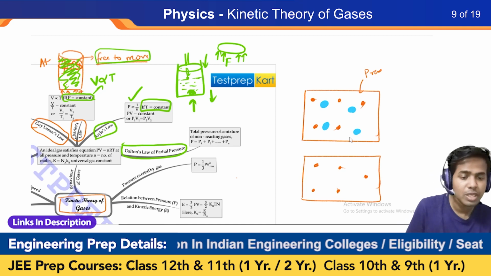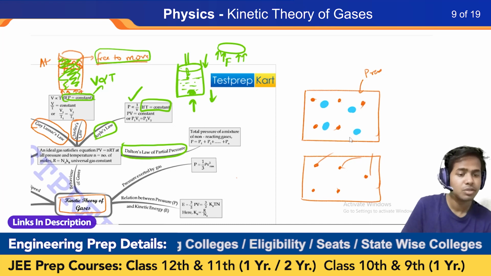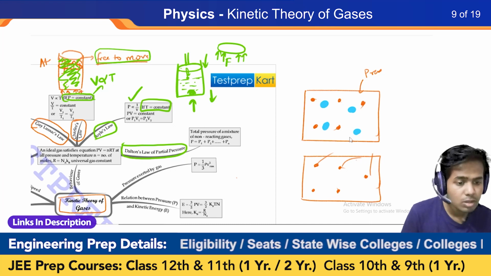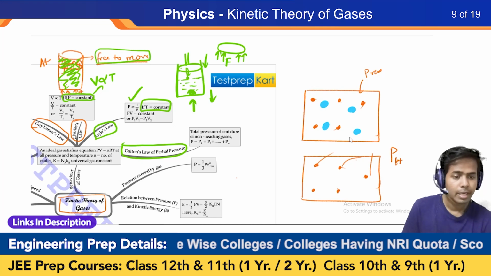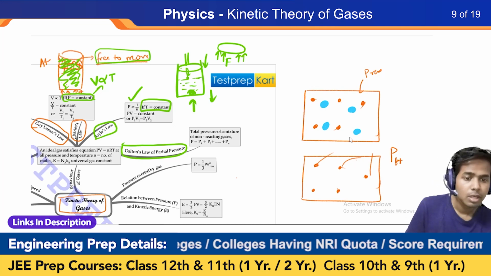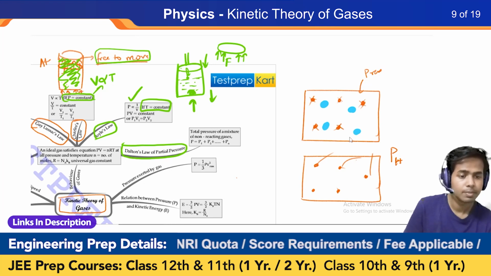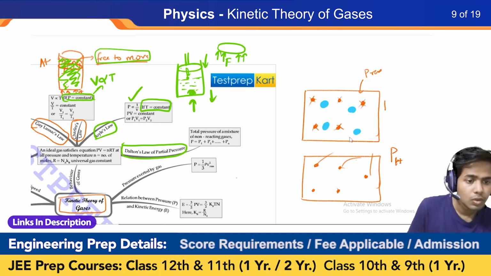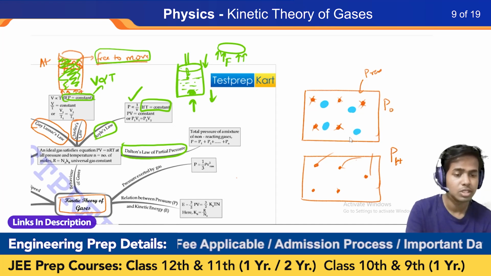Then the pressure applied by these could have been estimated using a barometer. That is what you call the pressure due to hydrogen. And in another system in which these molecules are not there, only the oxygen molecules are there, in that case, we calculate the pressure to be equal to the pressure of oxygen.